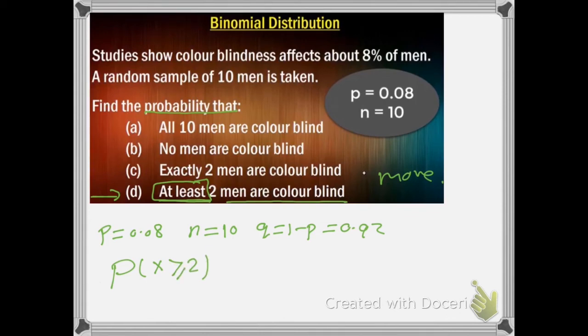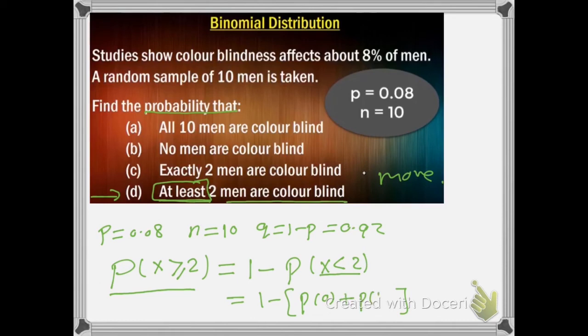To compute this, you can use the reverse rule. Then this is equal to 1 minus probability of x less than 2, which equals probability of 0 plus probability of 1. Can I take 2 with me? No, because here I don't have equal at all.